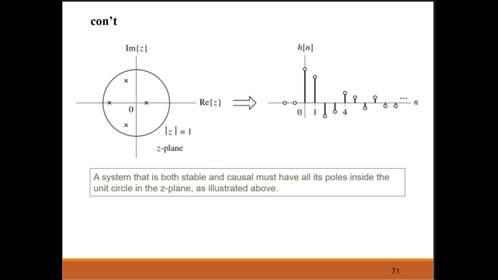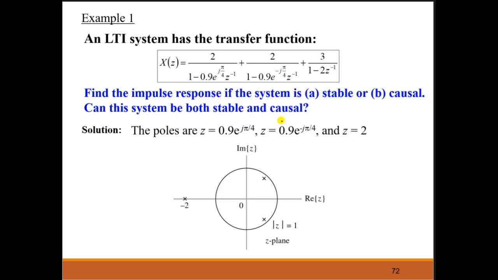So let's see. An LTI system has the transfer function berikut. Find the impulse response if the system is stable or causal. Okay. So the poles ni, ada banyak poles ni.